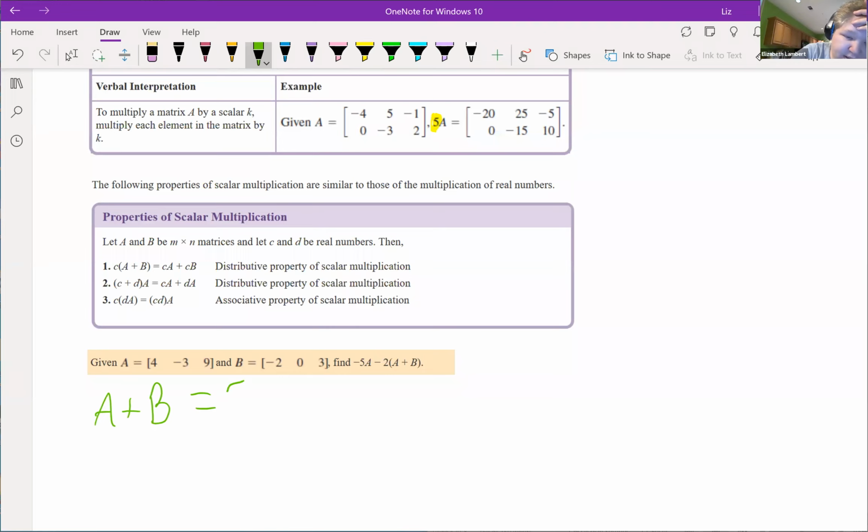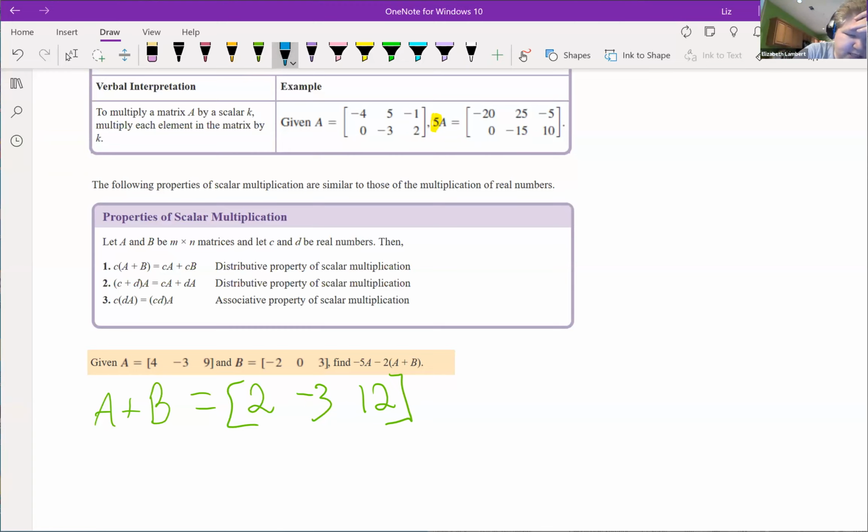All right, so if I look up there, A plus B: 4 plus -2 is 2. -3 plus 0 is -3. 9 plus 3 is 12. So we figured out A plus B. Now I also need to figure out -5A and -2 times this thing, and then I'll add those two results.